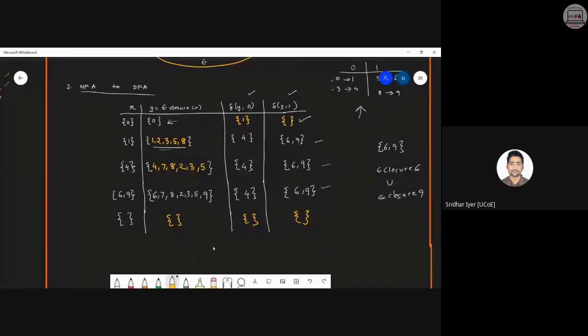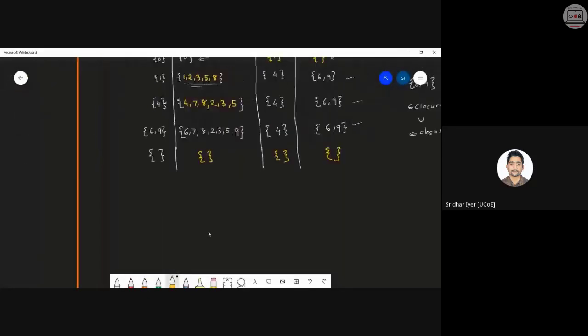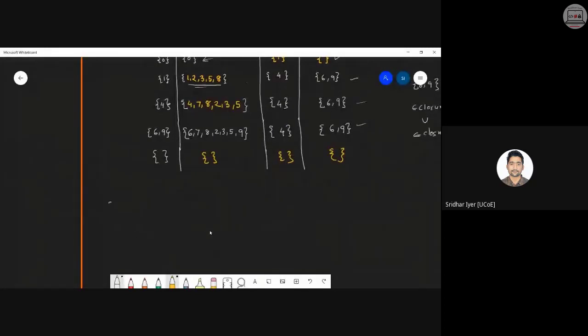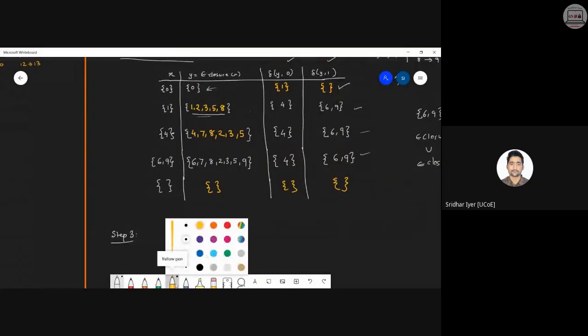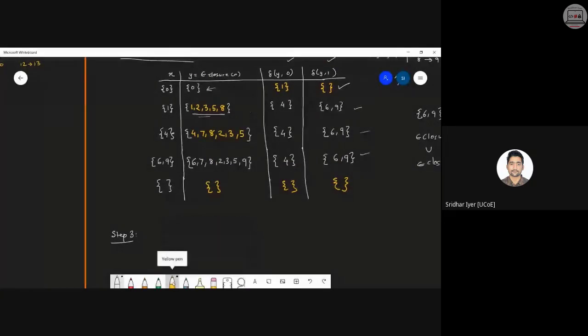So how to proceed ahead? As we all know, we need to construct a next table for it in step number 3. What is that step? Step number 3 is you need to provide names for each of these rows, right? So how to give names to it? Simply write A, B, C, D, and E over here.